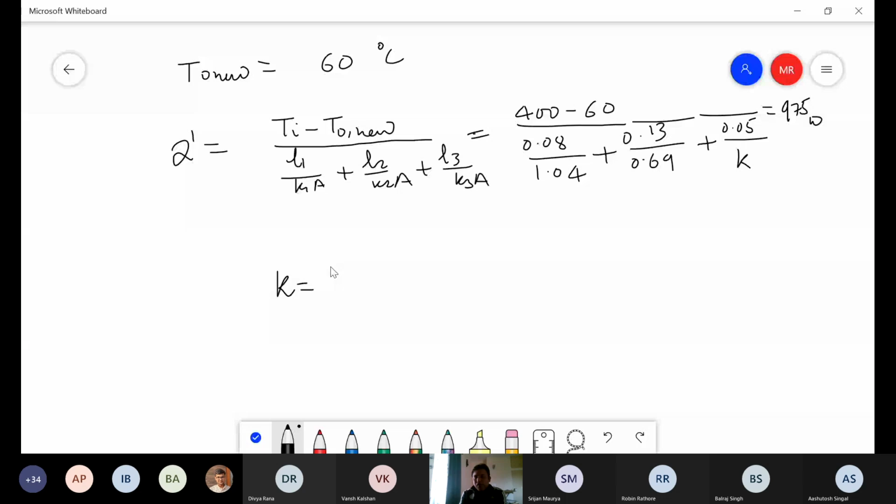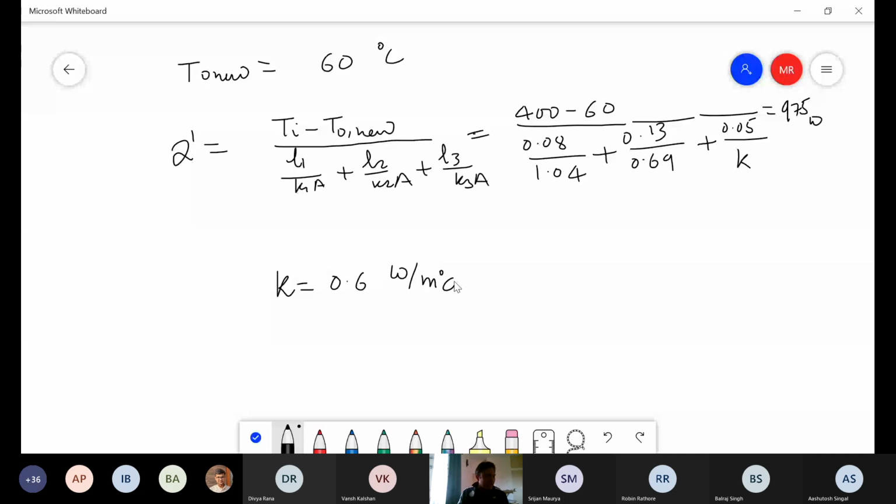K comes out to be? Is it clear what we are doing? Anybody having any doubt? It's around 0.6, 0.599, 0.6. Correct. So this comes out to be 0.6 watt per meter degree Celsius.